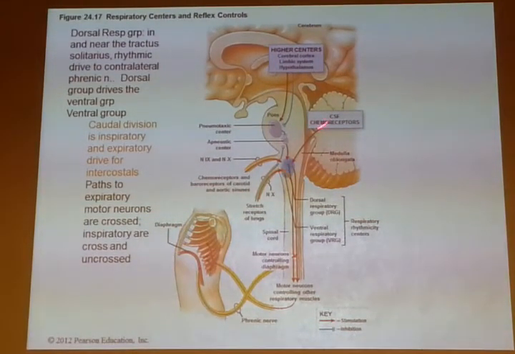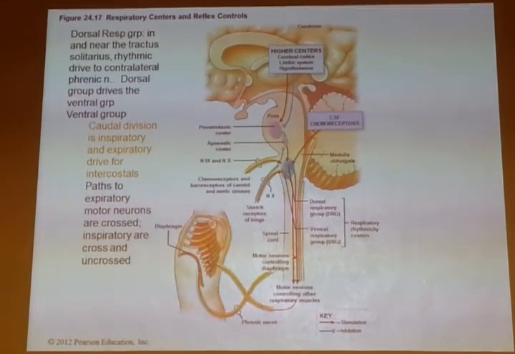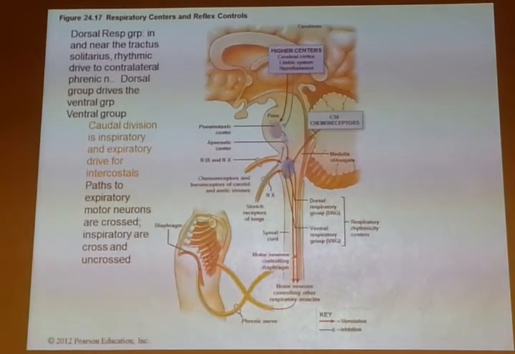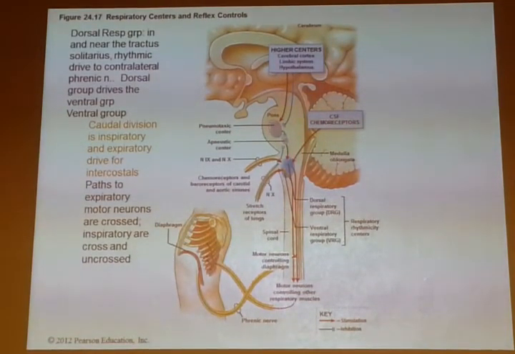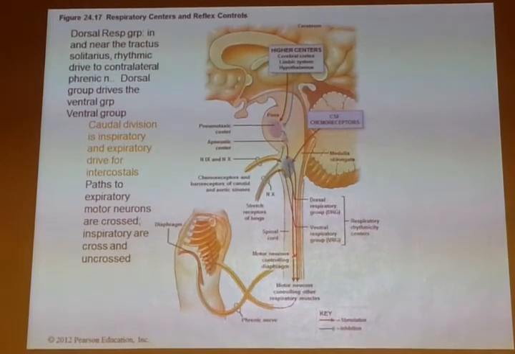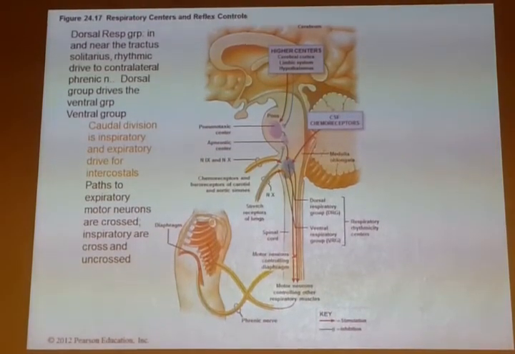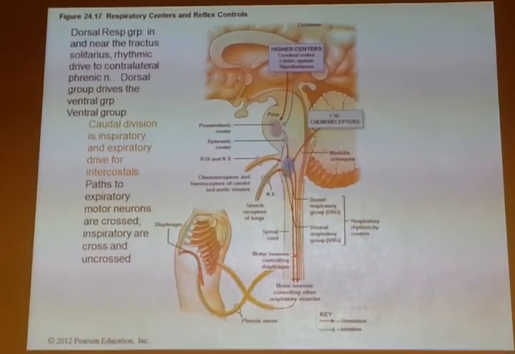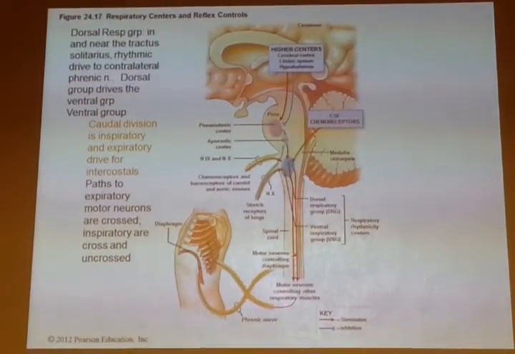Another excitatory influence on the rhythmicity center is your chemoreceptors. They're primarily the central chemoreceptors. They're responding to CO2 concentrations. They will not be looking at O2 concentration until O2 concentrations get to a critical level, and that's around 60 millimeters of mercury partial pressure.